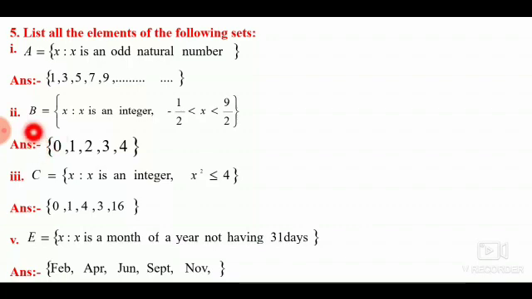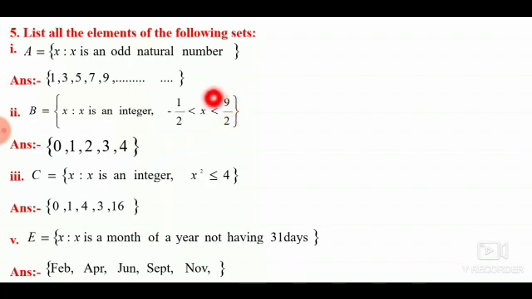Moving to the next question, set B is equal to x such that x is an integer which lies between x greater than or equal to minus 1 by 2 but less than or equal to 9 by 2. The first element greater than minus 1 by 2 is 0. Then the next numbers are 1, 2, 3, 4.